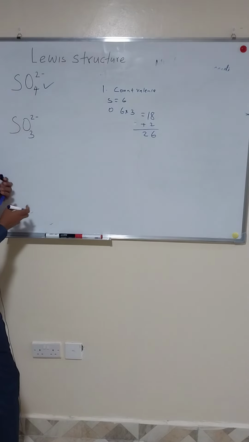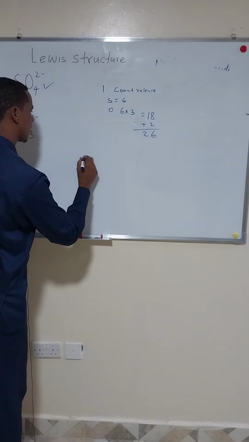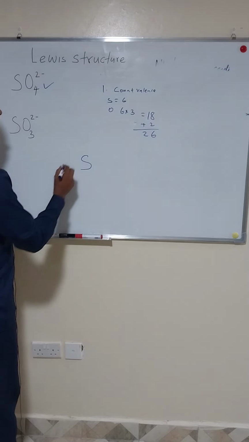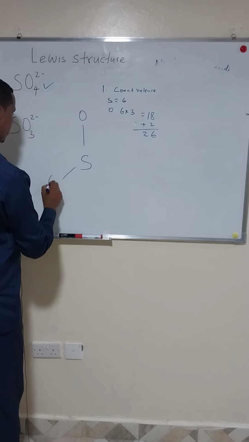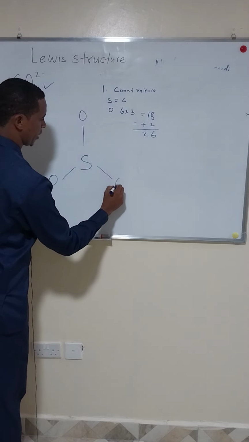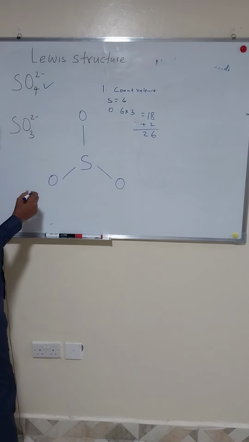So you come and draw. Place sulfur at the center. You have 1 oxygen there, another oxygen, so sulfur surrounded by 3 oxygen atoms.